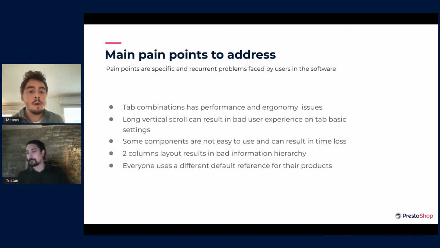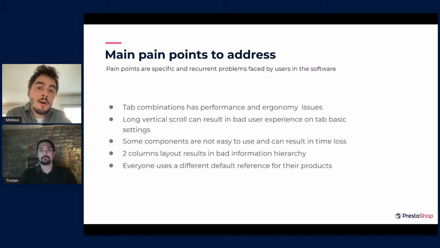One of the main pains was the combination tab, which had a lot of performance issues and ergonomic issues. If you were a merchant with a product with more than, I don't know, 200 combinations, it was really hard to find and edit the right combination, and even to understand the interface. This is one of the main points that is partially answered, I hope, in 1.7.8 with the experimental product page feature.